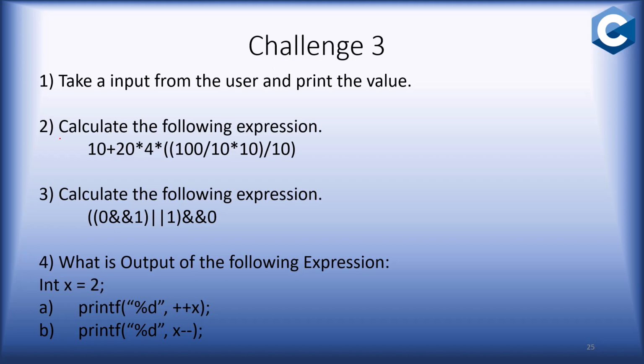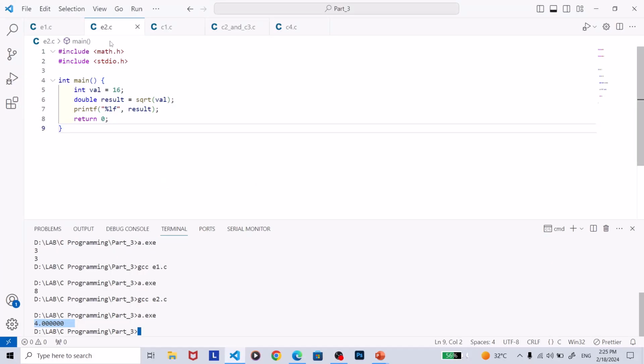The third question is to calculate the following expression using relational and logical operations. The fourth question is to give the output for the following two print statements. Now pause the video, then solve the problem.